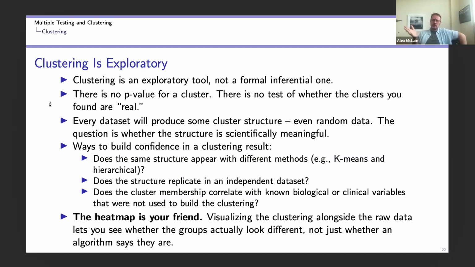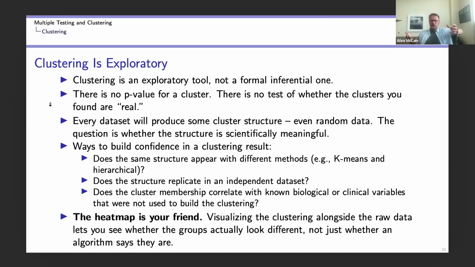We don't get p values from clusters. It's a way to explore the data. It's part of exploratory data analysis, and it's really there to guide you in your understanding of the data. As all these methods are, this is just one that doesn't have that inferential side of it.